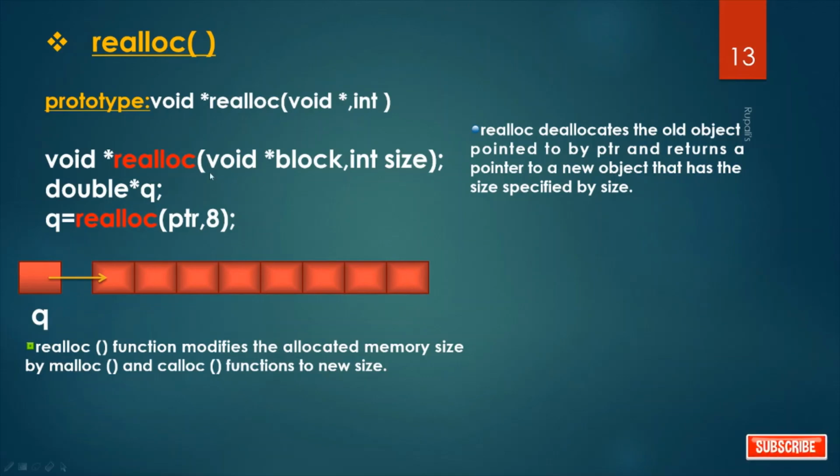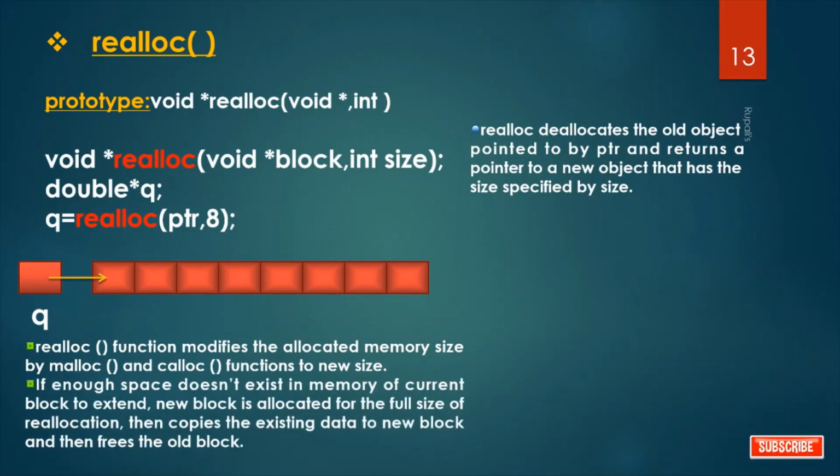Means the previous object is pointed to by ptr and it allocates a new object, and the size of the new object is specified here. It is 8, and the base address of the newly allocated space is written to q.